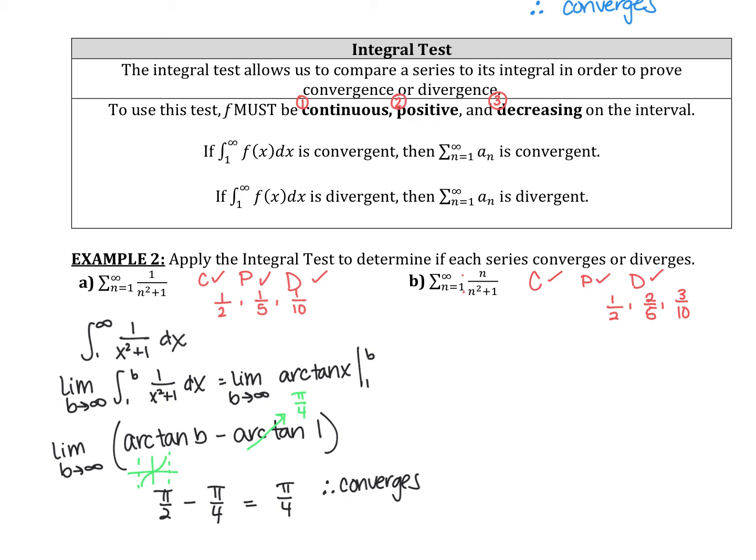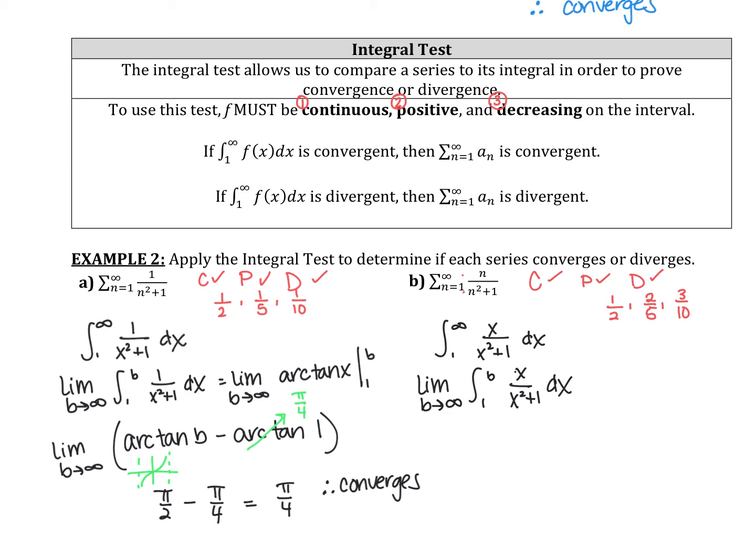All right, so we are going to rewrite this problem as the integral from 1 to infinity of x over x squared plus 1 dx. Now, that's an improper integral, so I'm going to write the limit as b approaches infinity of the integral from 1 to b of x over x squared plus 1 dx.